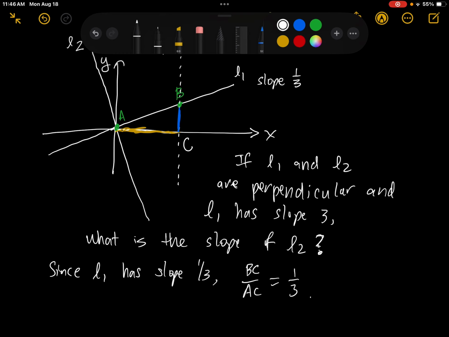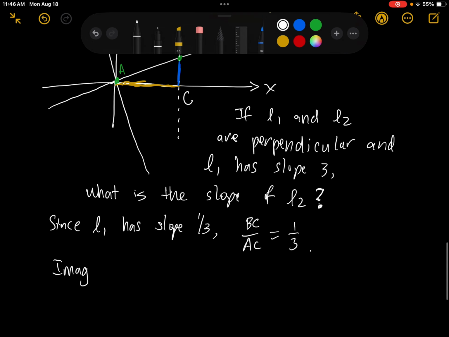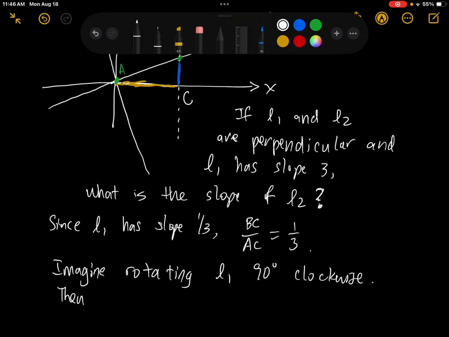You're going to get L2 because L1 and L2 are perpendicular. So imagine rotating L1 90 degrees clockwise. Then L1 turns into L2.